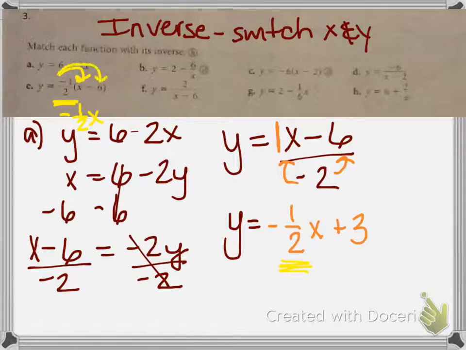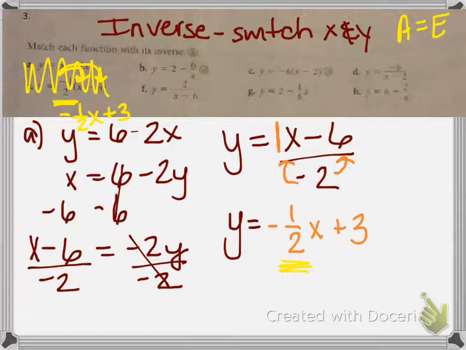And negative 1/2 times negative 6, so that's half of negative 6, which is negative 3, but since the half was negative, it actually turns into positive 3. And there I have my first match. So over here, I'm just going to put A equals E. So A and E are out. I don't have to worry about those two anymore.